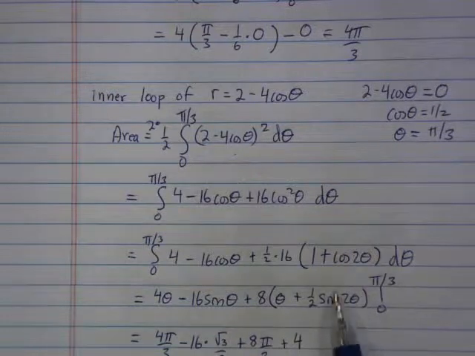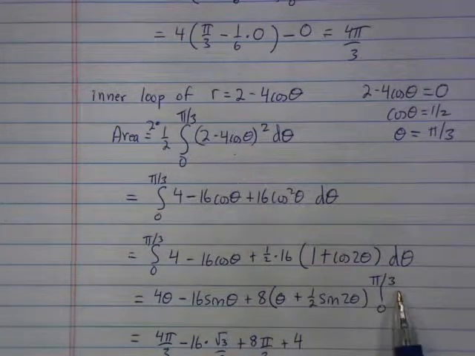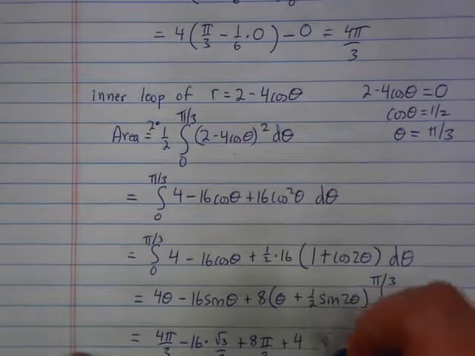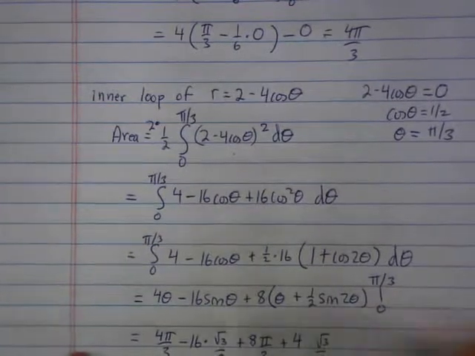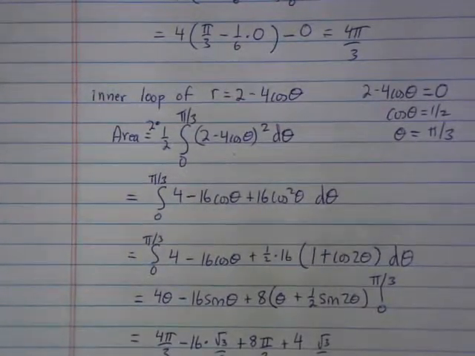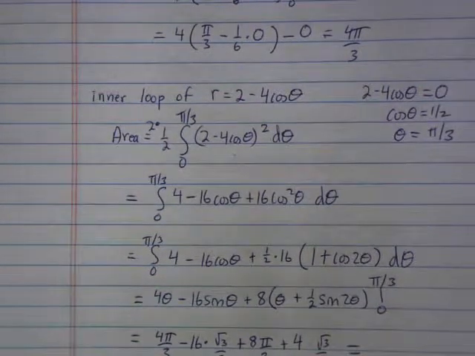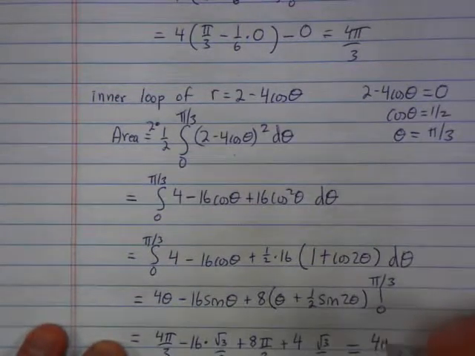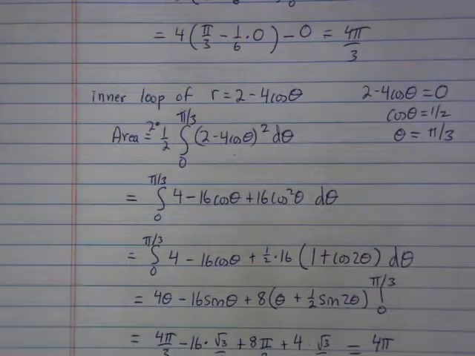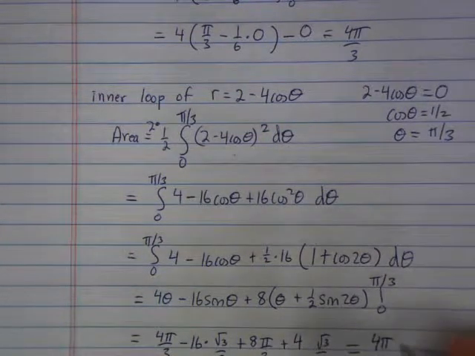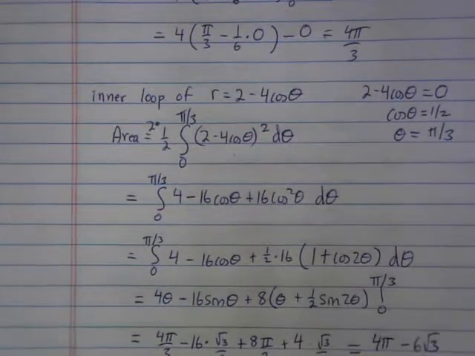The reference angle for 2 pi over 3 is pi over 3, so it's square root of 3 over 2 again. So it looks like my final answer is 4 pi over 3 plus 8 pi over 3 is 12 pi over 3, so that's 4 pi. And then I have minus 8 square roots of 3 plus 2 square roots of 3, so that looks like it's minus 6 square roots of 3.